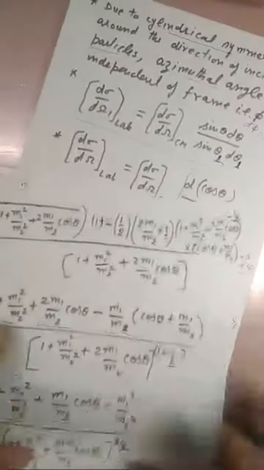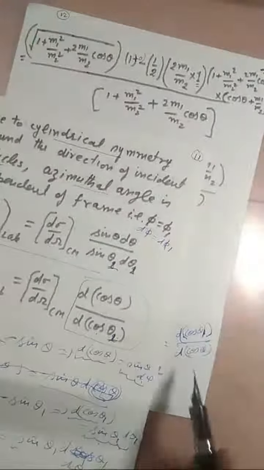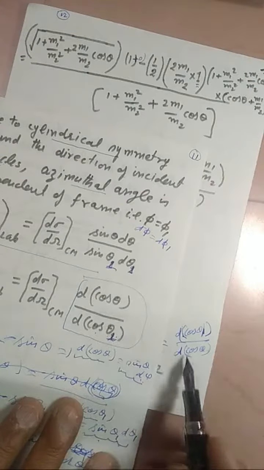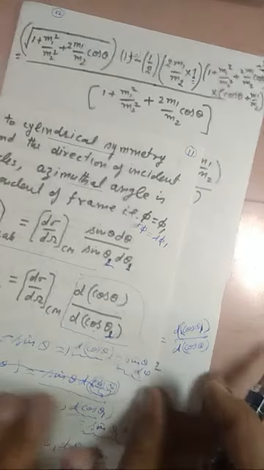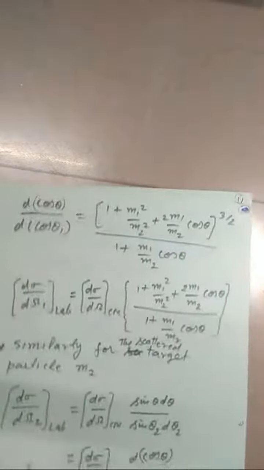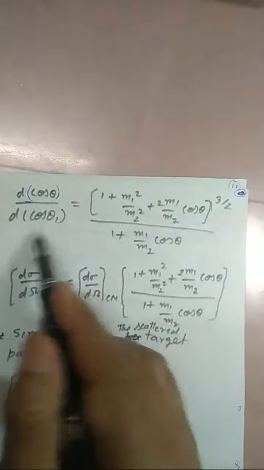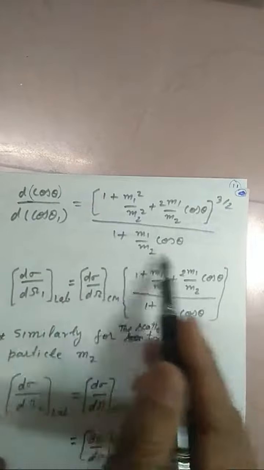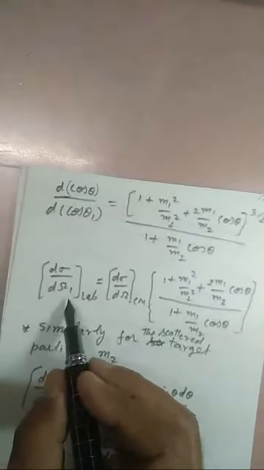So in this relation we have to substitute the value of d cos theta, so we have to take the reciprocal of this quantity in this expression. On substituting here, you will get the value of d cos theta 1. Okay, so this is the value, and we substitute it in the differential cross section relation.